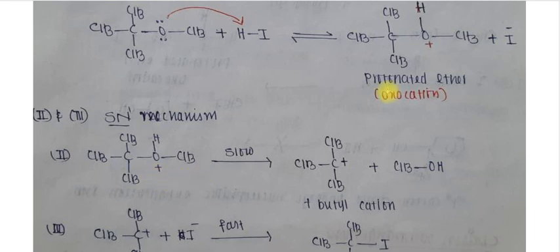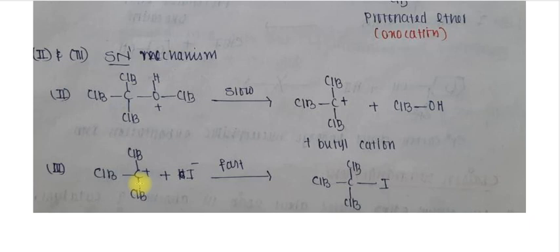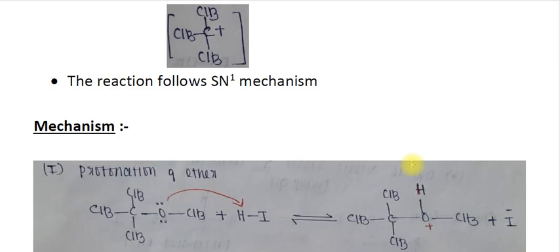In the slow step it forms the tertiary butyl cation and CH3OH. Then the tertiary butyl cation combines with I in a very fast reaction, forming (CH3)3CI.